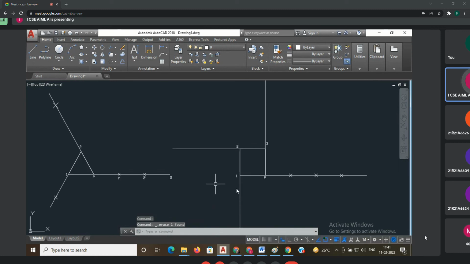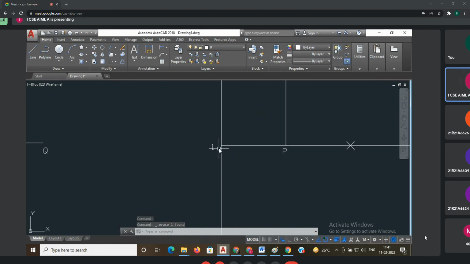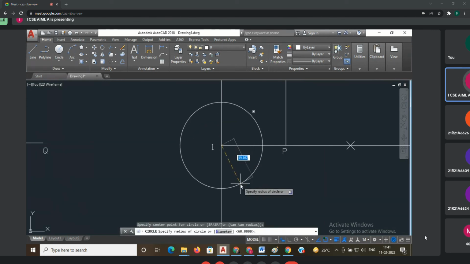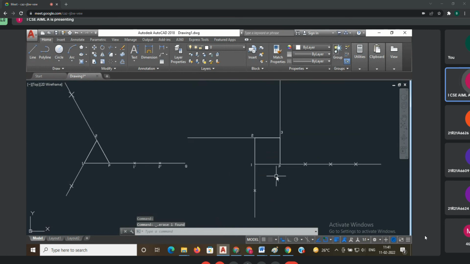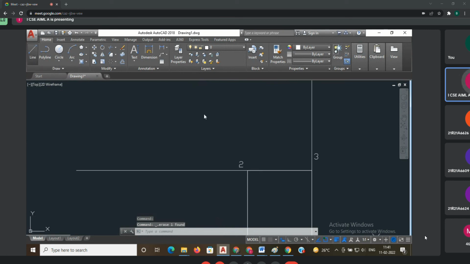Now same way here also I will do. With 1 as center, I will take the center and radius method and draw the circle. How much radius? One side radius, 30. Done. This is the point. Suppose if you know very well, directly you can draw the line also. Select the line command, select the second point.